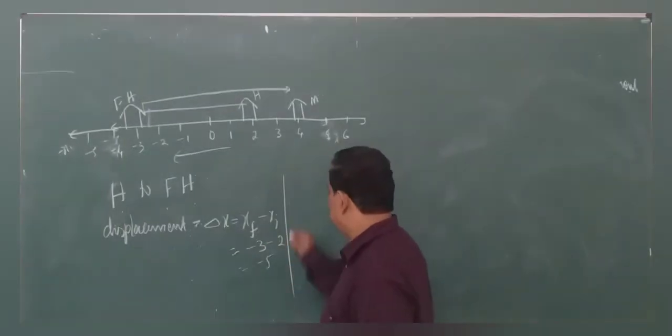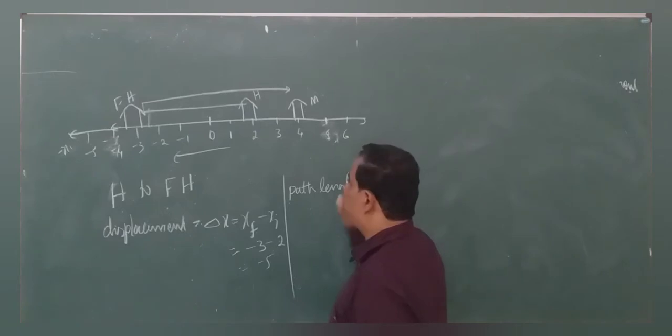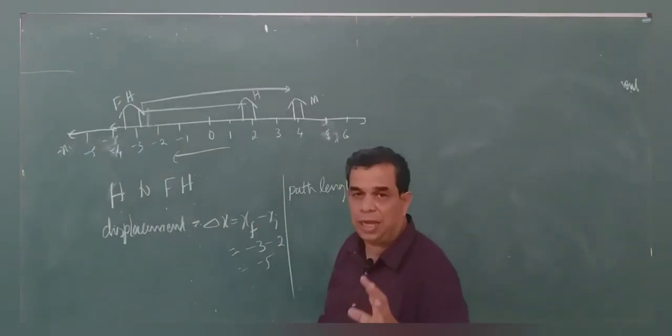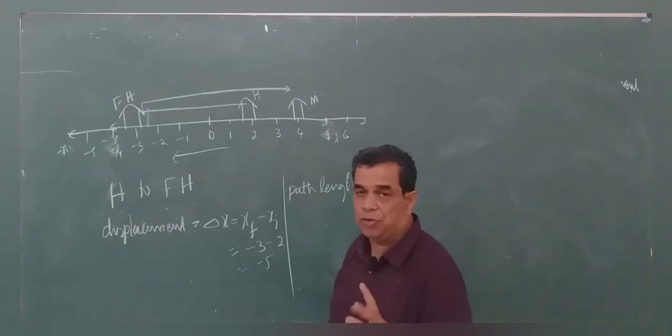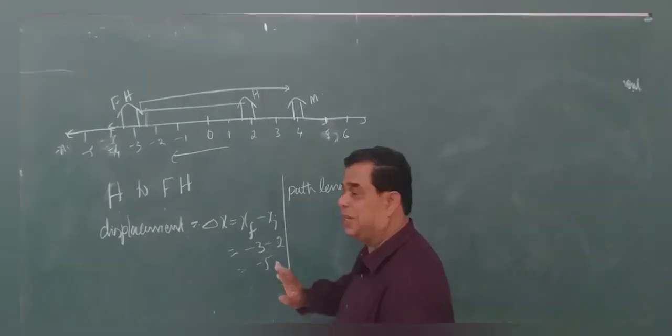Now we go for the path length for the same situation, house to friend's house. Path length, remember, is a scalar. It has only magnitude, and it cannot be negative. So I just count literally how many kilometers there are.